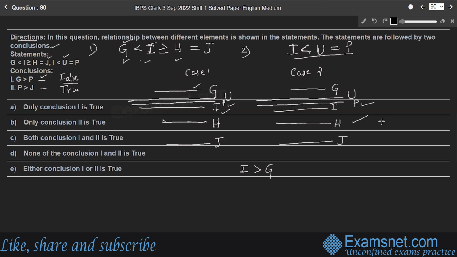Because U is equal to P, we can write I is less than P, or sorry, P is greater than I. So in case 2, though I, H and J are equal, P will always be greater than J, right? Therefore, the second conclusion is true. Therefore, only conclusion 2 is true, right?